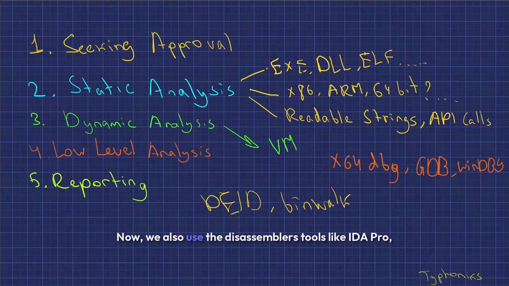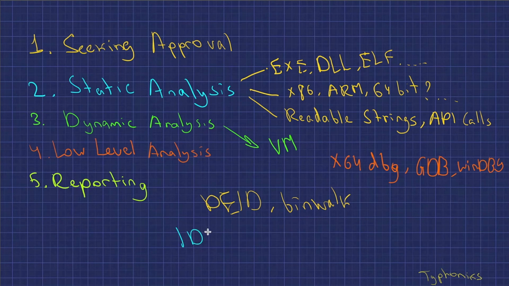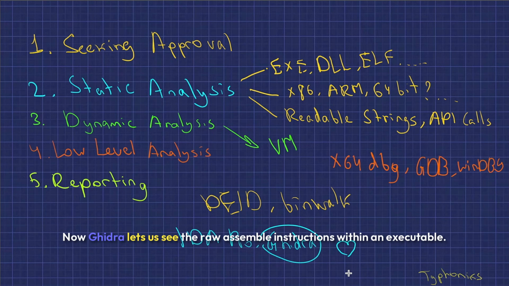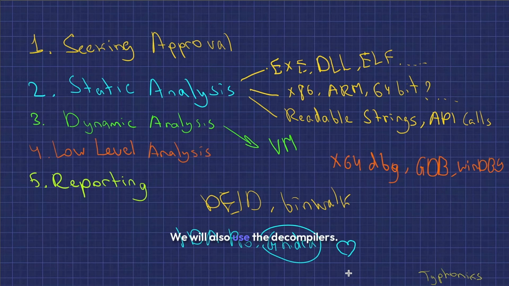Now, we also use disassemblers, tools like IDA Pro and Ghidra, which is free and open source, developed by the NSA. Ghidra lets us see the raw assembly instructions within an executable. We will also use decompilers.